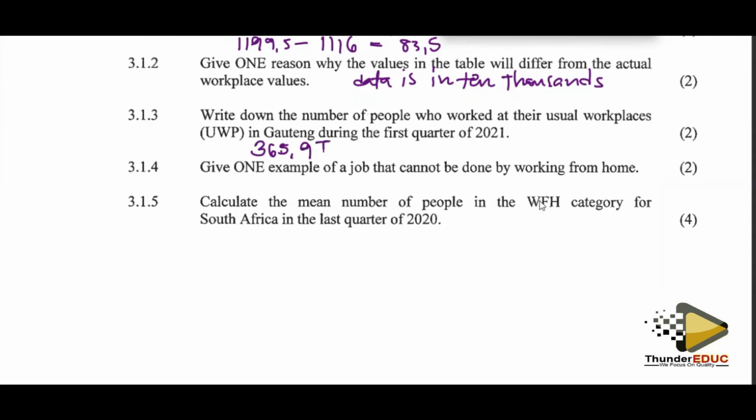365.9. But remember, these are what? 10,000.